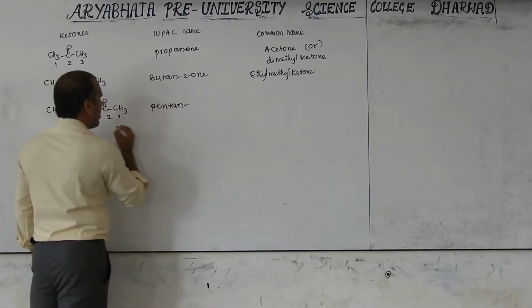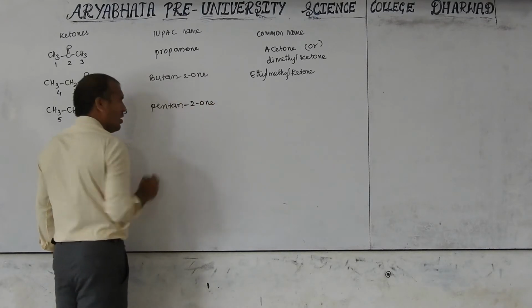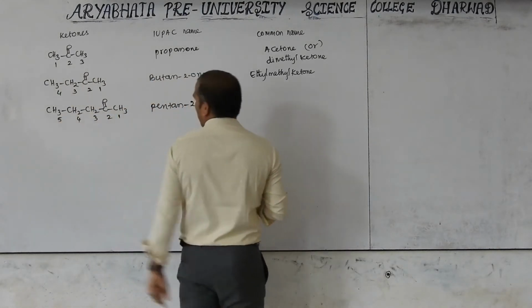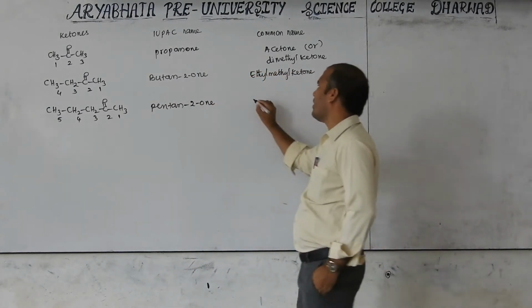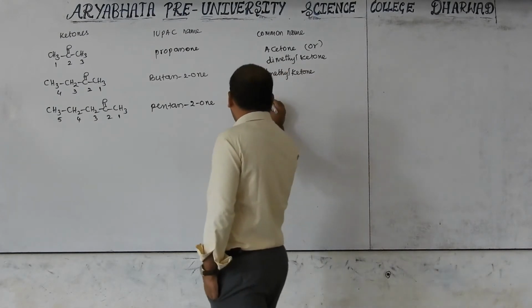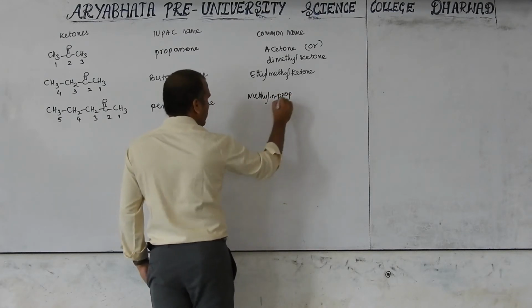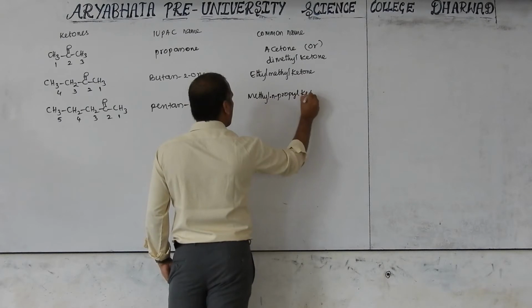Remove E and write the position of the ketone: pentan-2-one. Common name: one side is methyl, the other propyl. M first alphabetically, so it is methyl n-propyl ketone, n indicating normal chain.